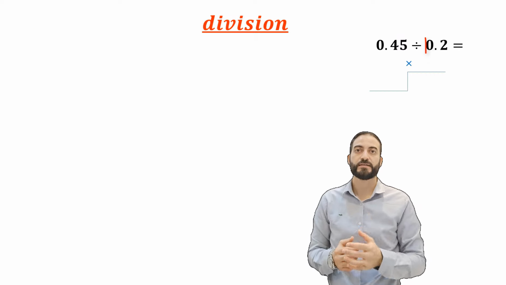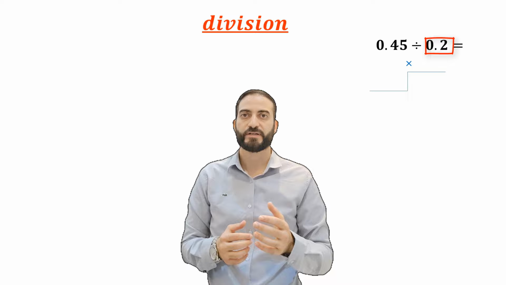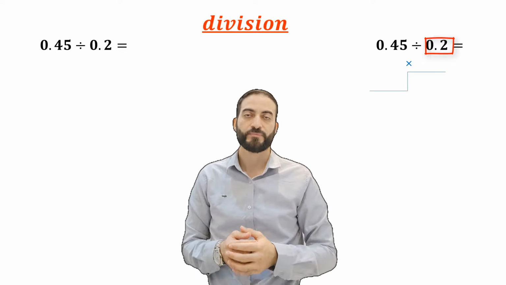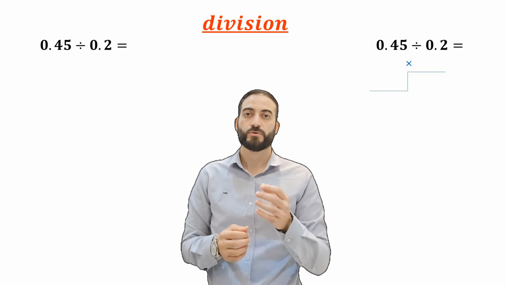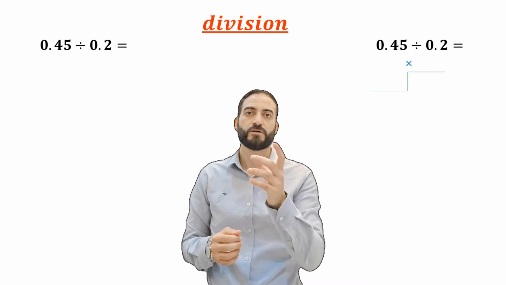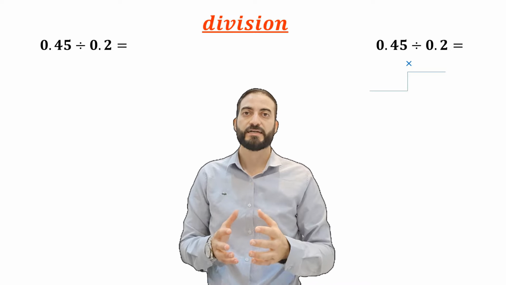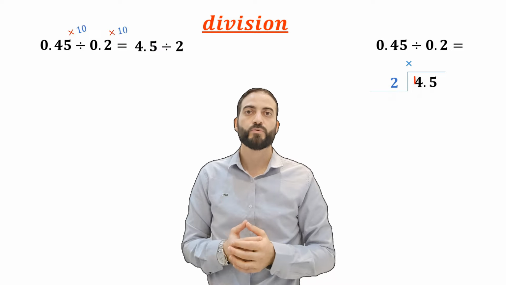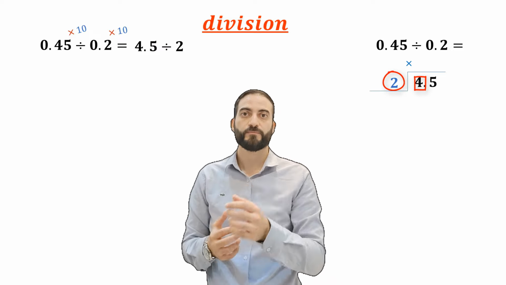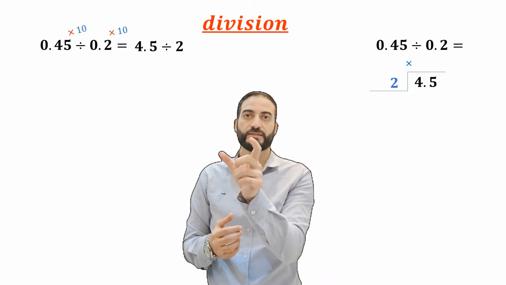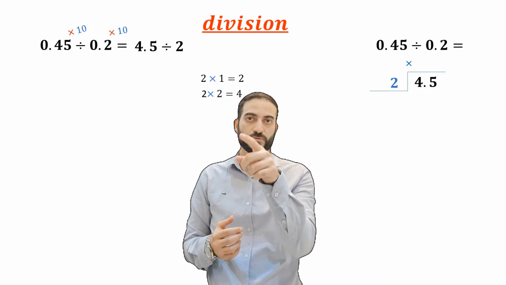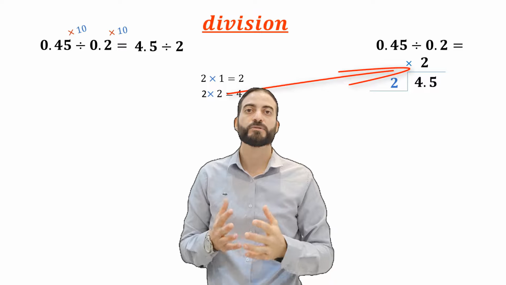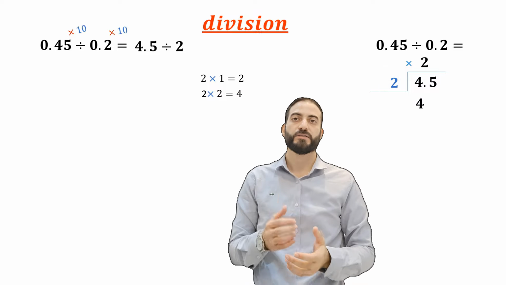As we see in the divisor there is a point, so we must first remove the point from the divisor using multiplication. So the divisor becomes without a point. Now we can start. As we see that 4 is greater than 2, so we can take 4. We notice that 4 is here, 2 times 2 equals 4, and we put this 2 here and immediately multiply it by the divisor to get 4.